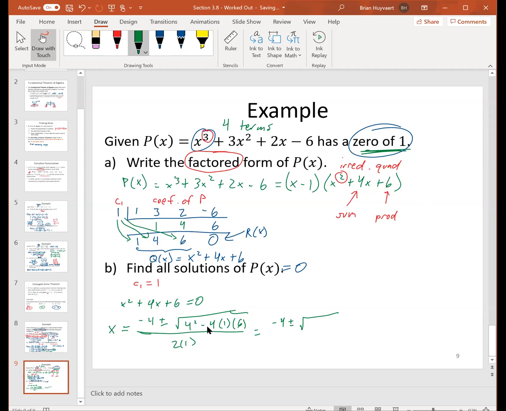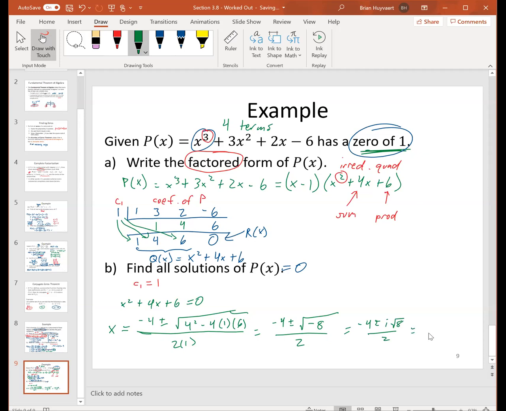So this is 16 minus 24. So definitely we're going to get -8 under there, and then all over 2. So, okay, this looks like, again, there's a couple ways to go about this. We could say -4 plus or minus I root 8 over 2.